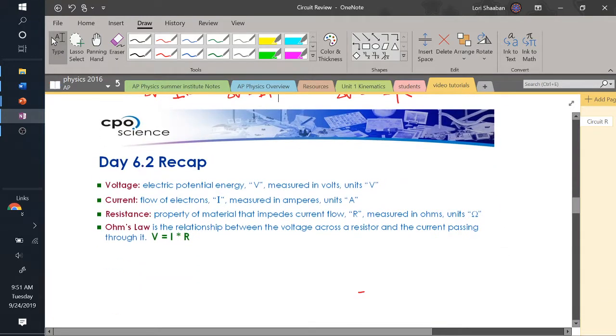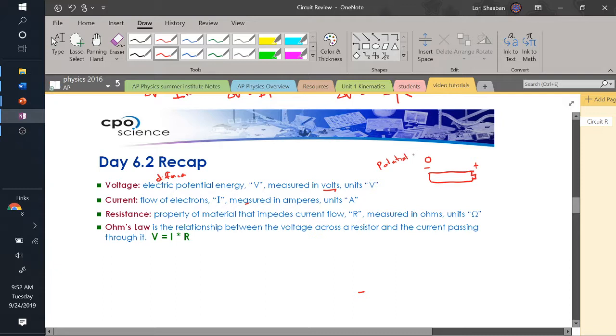So recap, voltage is the difference in electric potential, measured with V, or volts. So if we have a battery, this is the negative side, that is the positive side. Positive side looks like a bump.